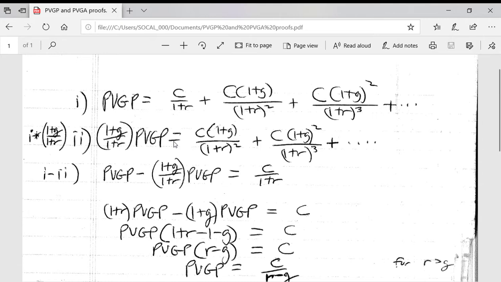Now I take this term and multiply it by (1 plus g) over (1 plus r), and I get this. I take this term and multiply it by (1 plus g) over (1 plus r), and C times (1 plus g) over (1 plus r) squared, when multiplied by (1 plus g) over (1 plus r), becomes C times (1 plus g) squared divided by (1 plus r) cubed. Plus, and it continues forever.